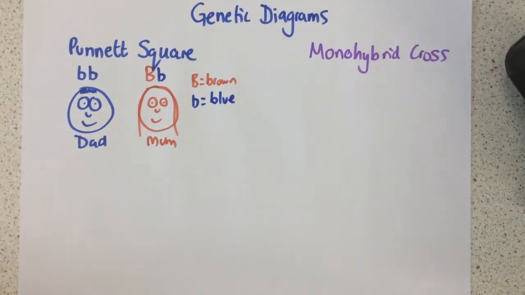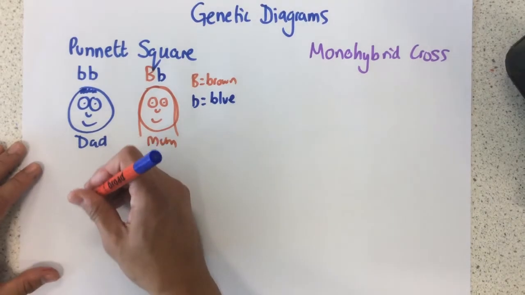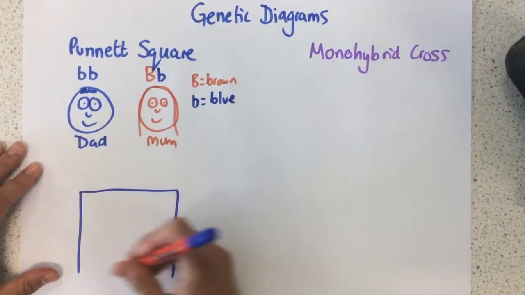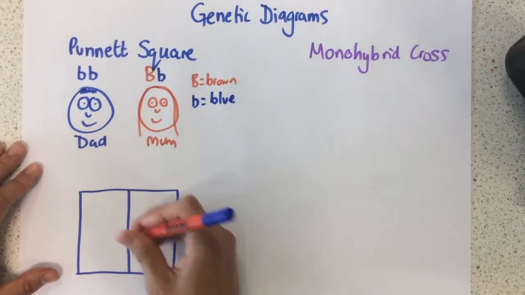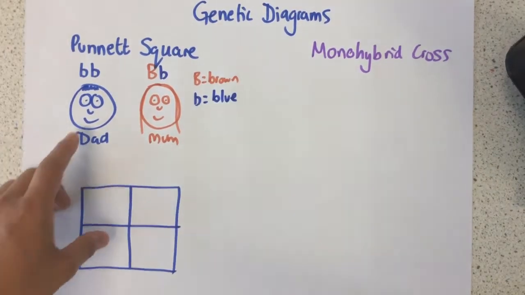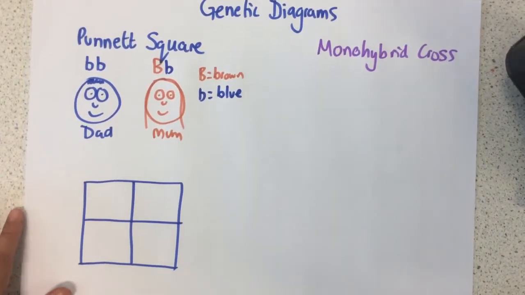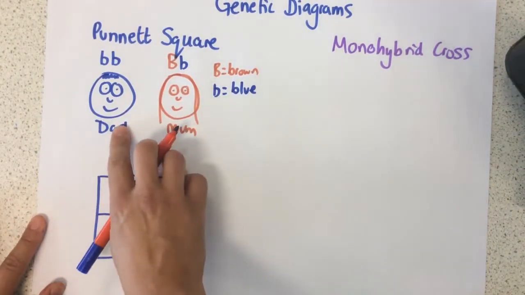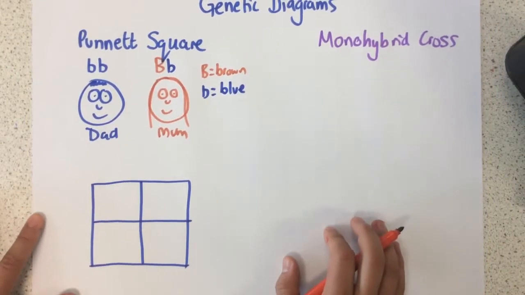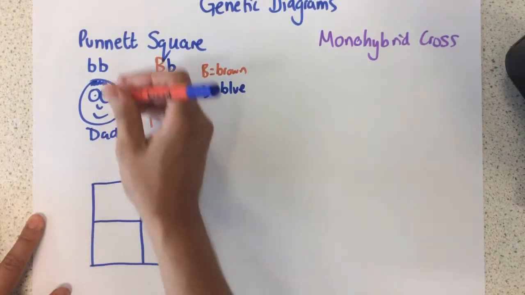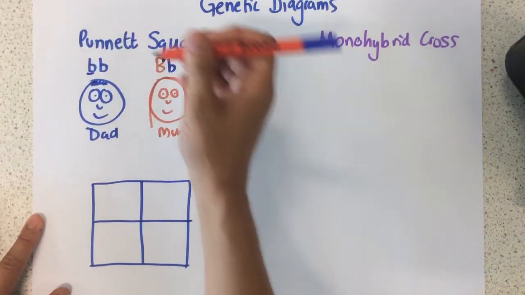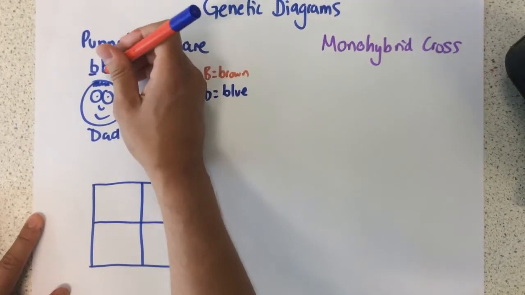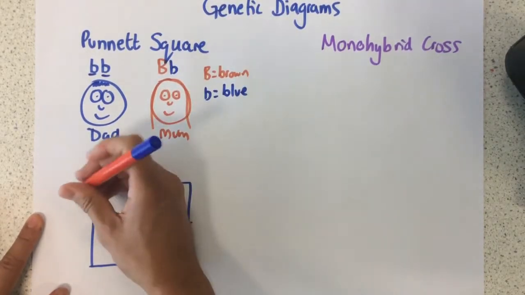Okay, so the whole point of a Punnett square is to determine what the percentage chance is of the baby either having blue eyes or brown eyes. Now, when the dad produces sperm cells, there's a 50% chance that that allele will be in a sperm cell, and there's a 50% chance that that one will be.